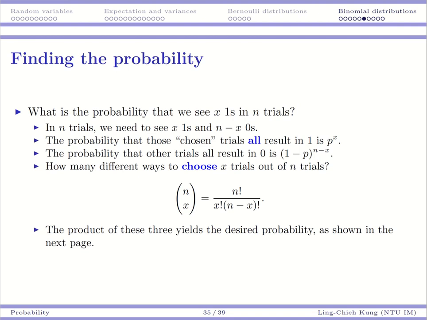Okay, so lastly, coming back to the general case. We need x 1s in n trials. So that means we want to see x 1s and n minus x 0s. So now we know the probability for the results to come up is the following.